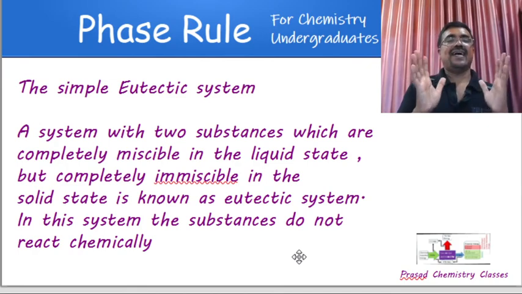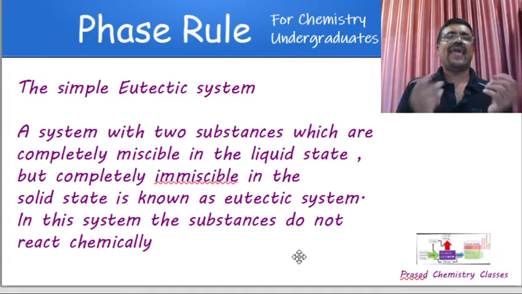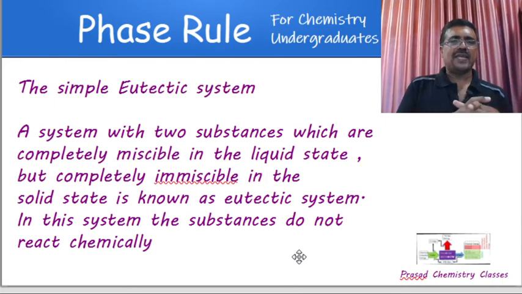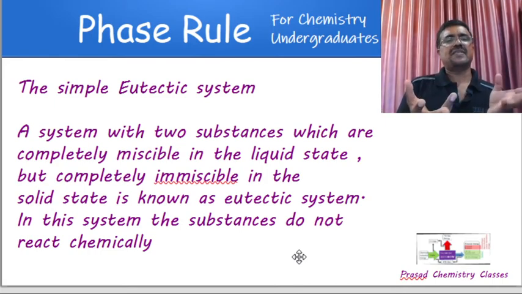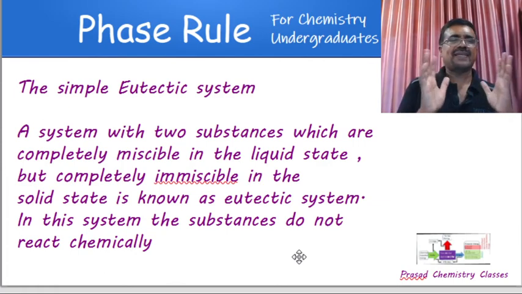That is our eutectic system. So a eutectic system consists of 2 substances, say A and B, completely miscible in the liquid system, but in the solid system they are completely immiscible. That is the definition for a simple eutectic system, and they do not react chemically.